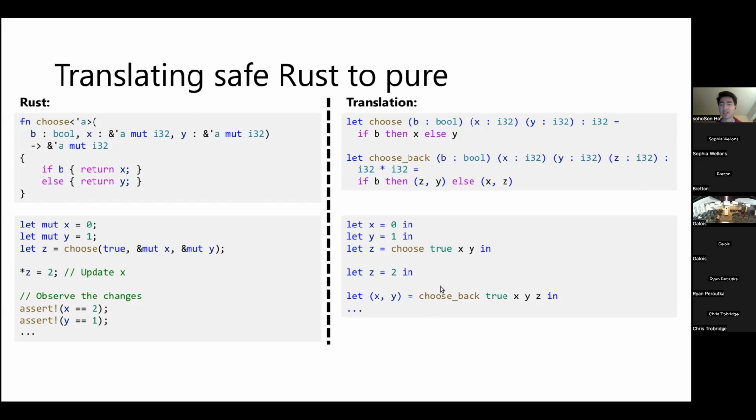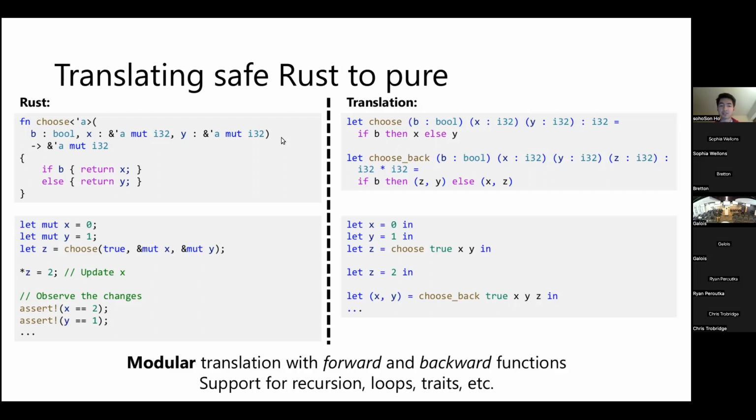And when we end the lifetime, we use the backward function, which takes the same inputs as the forward function, because we need them for the control flow, for instance, and because we need to remove the old values of X and Y, plus some additional input, which is actually the value which we get back when we end the lifetime alpha. And it returns a pair: the pair of the new values for the values we loaned to the function.